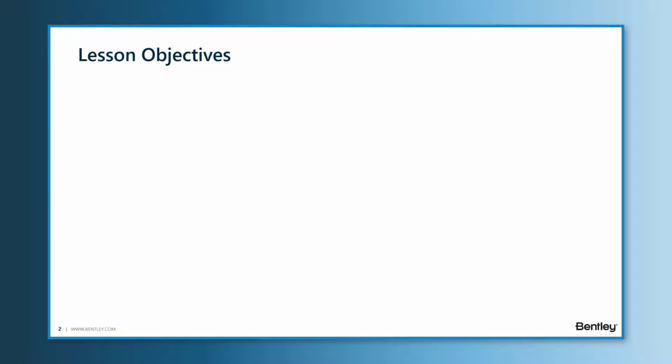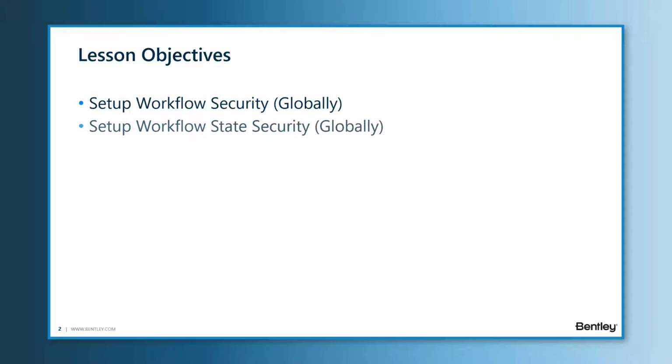In this lesson, we will learn how to set up workflow security and workflow state security using the ProjectWise Administrator module. And because we are going to set this up in the Administrator module, it is often referred to as global security, since the folder and document permissions will inherit to all the folders which have the same workflow applied.